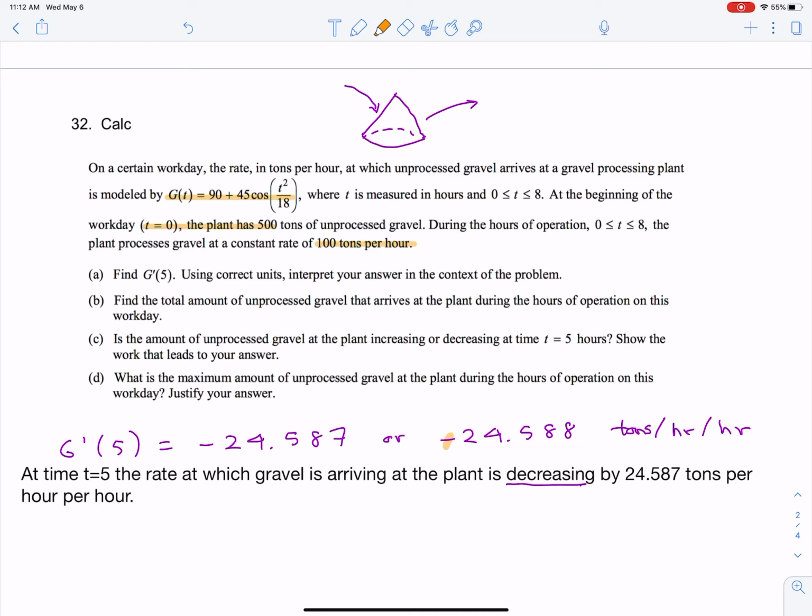Second, by using the word decreasing, I'm saying I'm taking this rate of change and I'm taking a derivative. Remember, increasing, decreasing means derivative. So I'm saying the rate at which gravel is arriving is decreasing, right? So derivative. And then I gave my units. Let's move on from A.